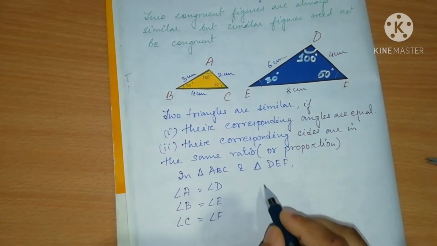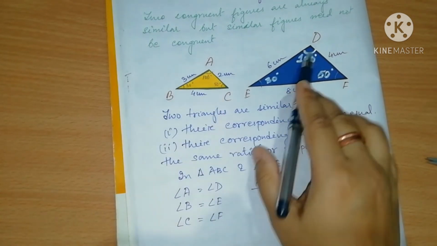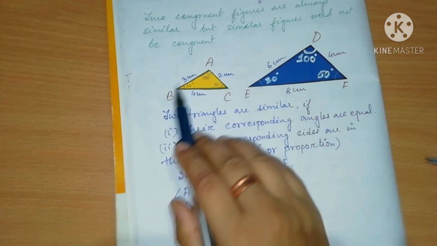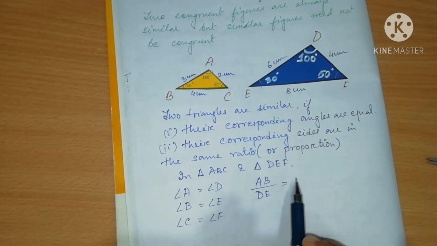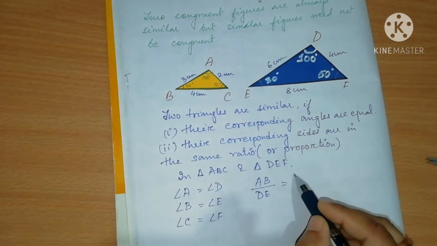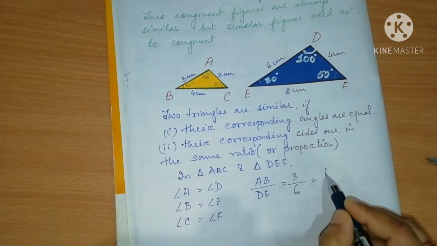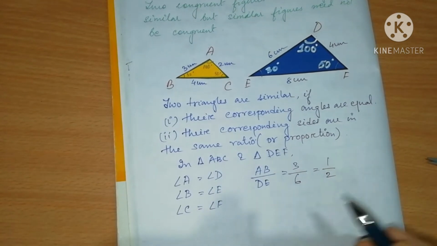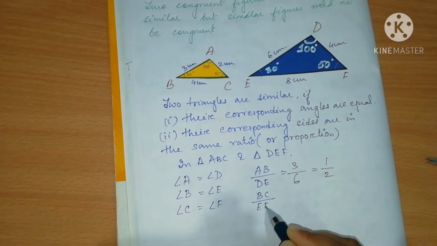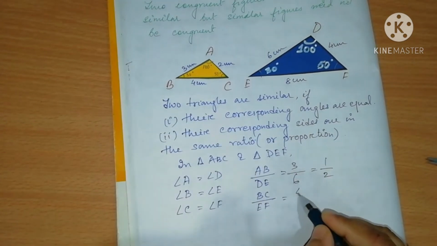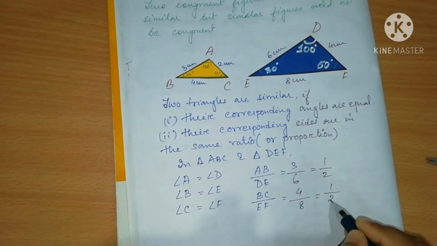So we can write the corresponding sides AB by DE: AB is 3, DE is 6. If we cancel, it will be 1 by 2. Then BC by EF: BC is 4 centimeters, EF is 8 centimeters, so if we cancel, 1 by 2.